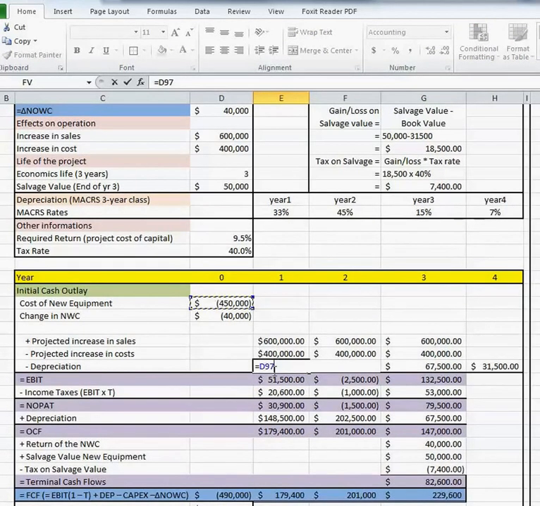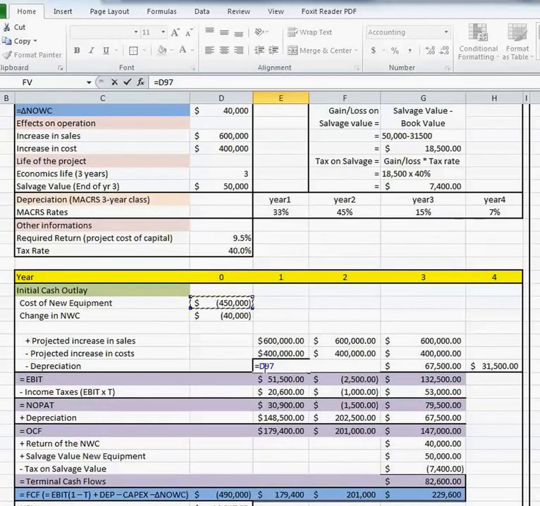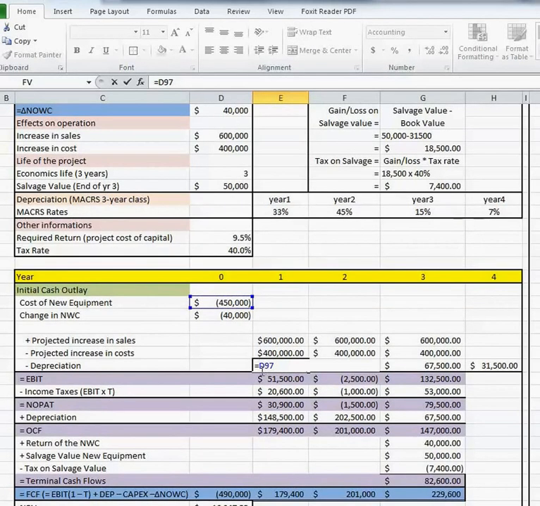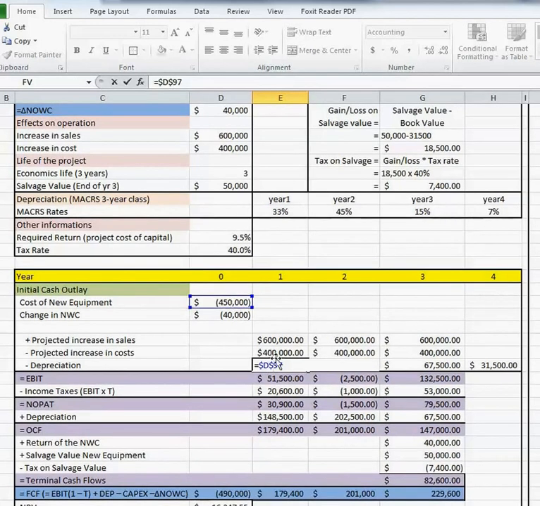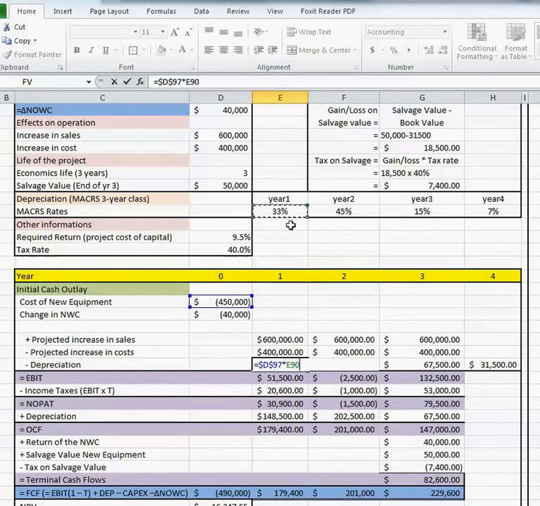I would like to control this one, so I'm going to put a dollar sign in front of it manually. I'm controlling this $450,000 as I'm moving, and then multiply by the depreciation rate.